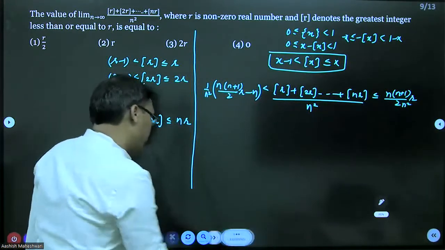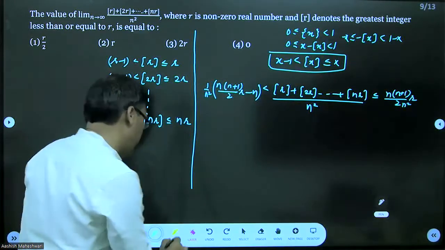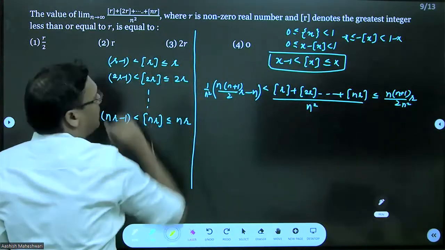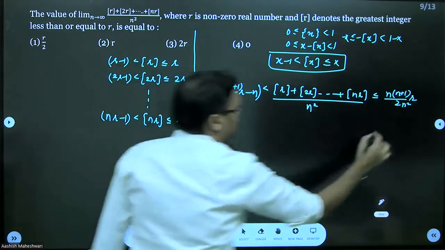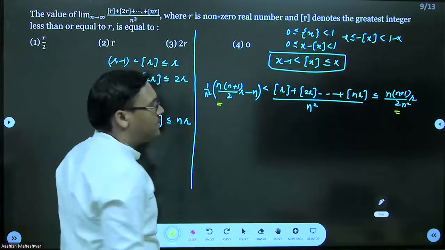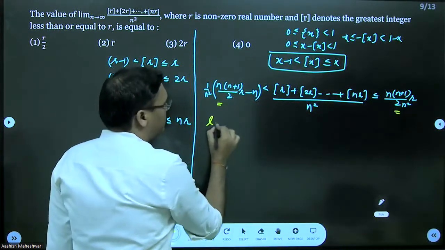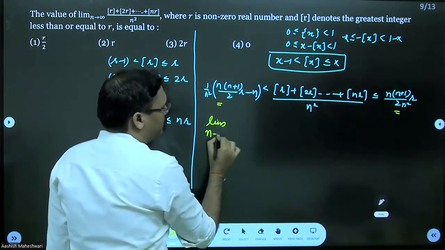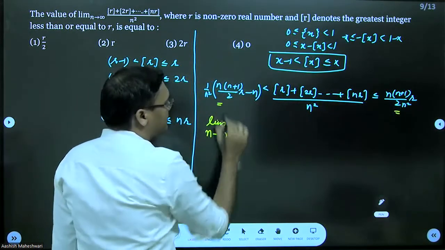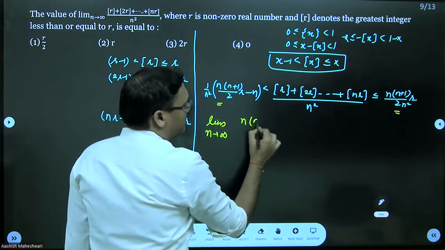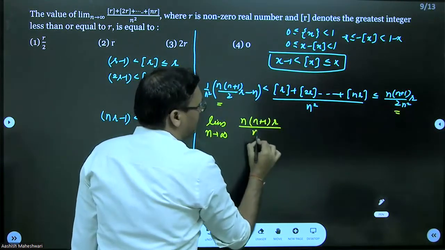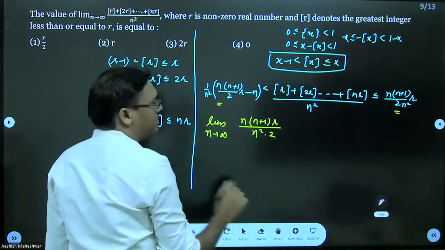Now by sandwich theorem. You know what the squeeze play theorem, the sandwich theorem, is? As n tends to infinity, if the limits of these two are the same, then the limit of the middle one will also be the same. Correct? So let's take the limit as n tends to infinity and look carefully. This is n plus 1 by n square, and there is also r by 2, okay?